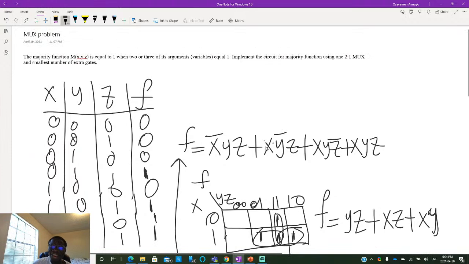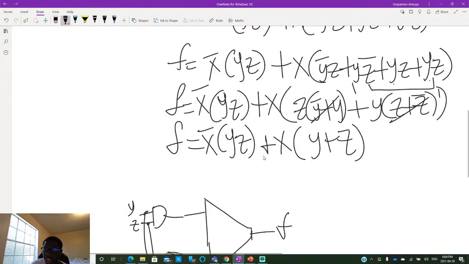We also have x bar, which covers this term, and x covers these three terms, so you can just factor out x itself and then the complemented x as well, and then you have the expression that we had here.